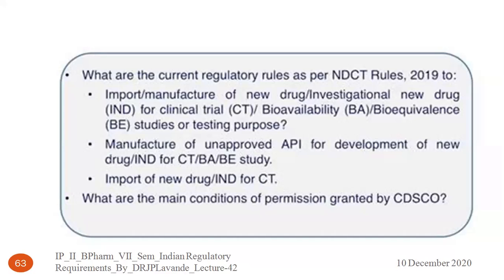We need to study the rules for manufacture of unapproved API for the development of the new drug or investigational new drug for clinical trial, bioavailability, and bioequivalence studies. Also, we will study the regulatory requirements to import the new drug or investigational new drug for clinical trial, and the main conditions of permission granted by the CDSCO.